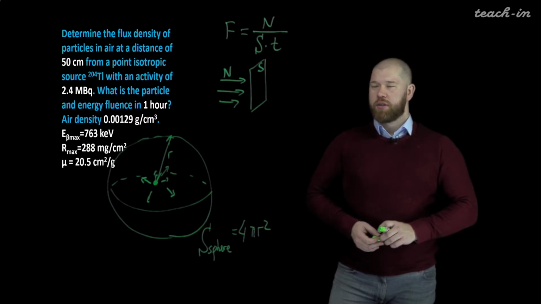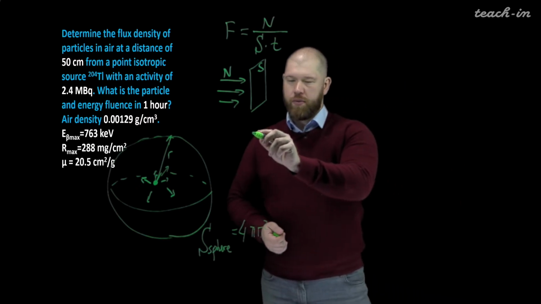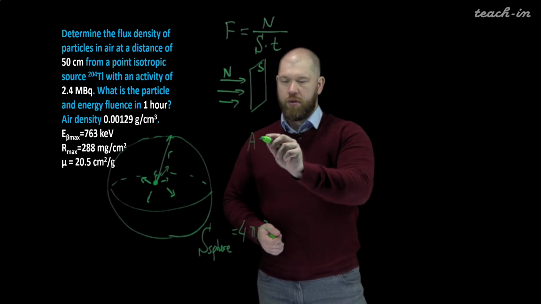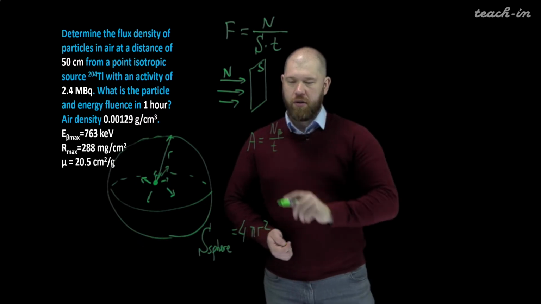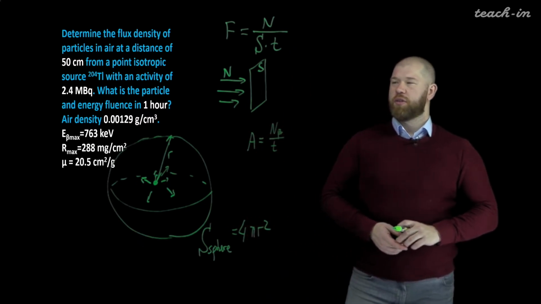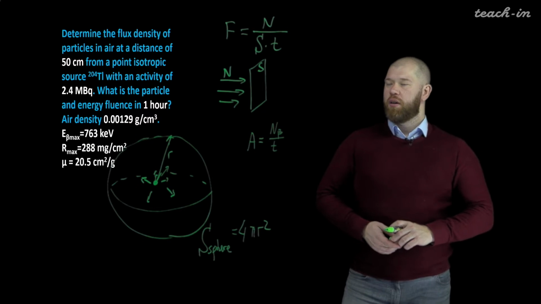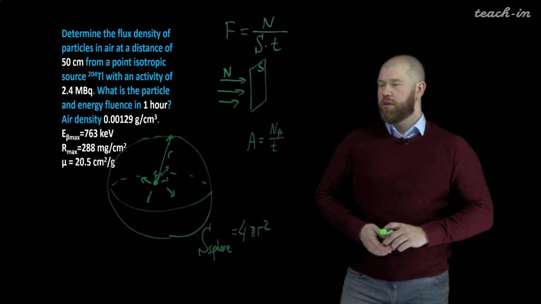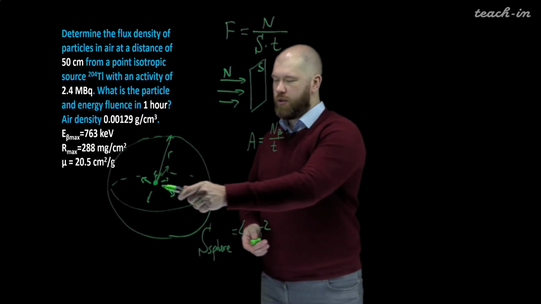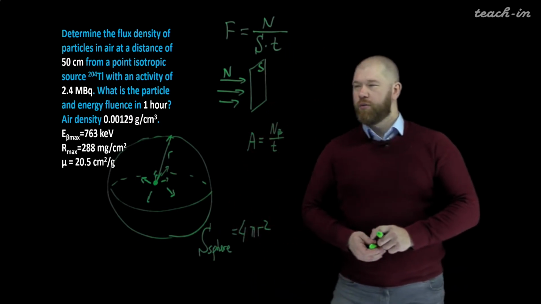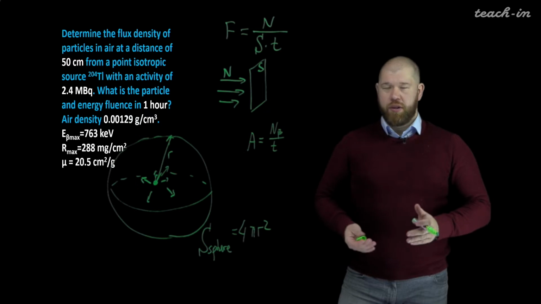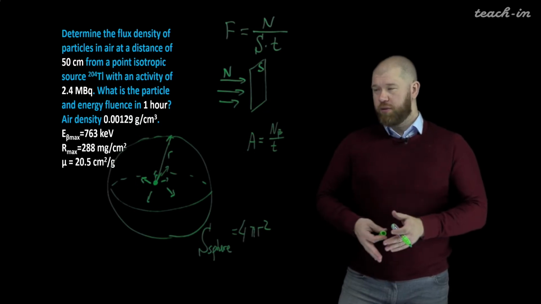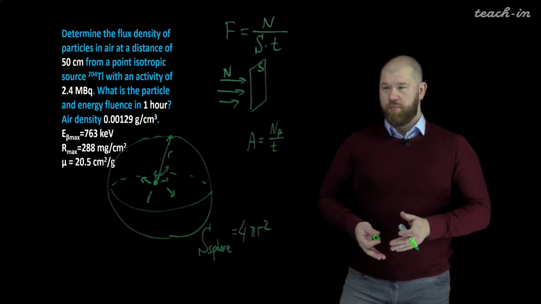That means that activity is just, we can say, the number of beta particles that are emitted in some time. But this point source is located not in vacuum but in air, and thus part of the beta particles will be absorbed by the air.